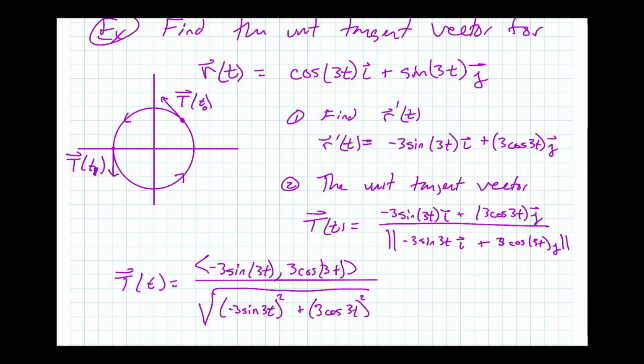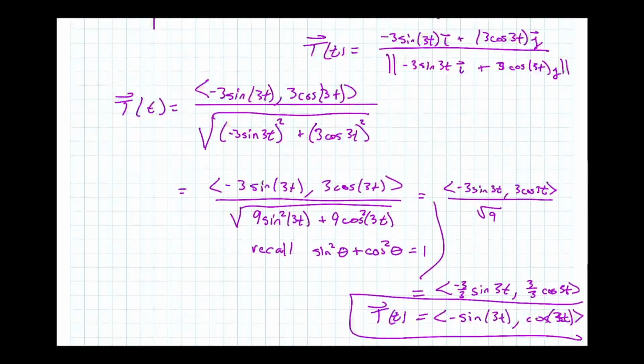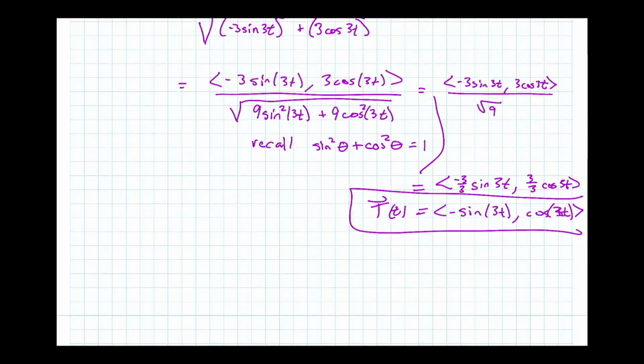So they just point in a circle here in the direction of motion, or the direction that you would draw the curve. There's not really too much to say about that. You can do this unit tangent thing if you need to. It becomes more important later in the class.